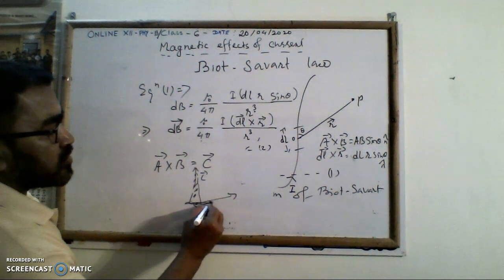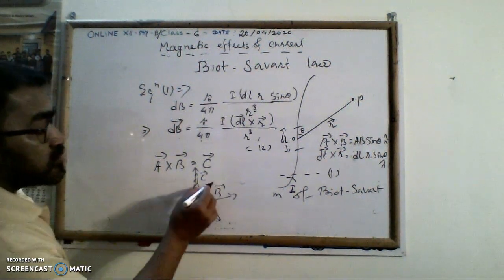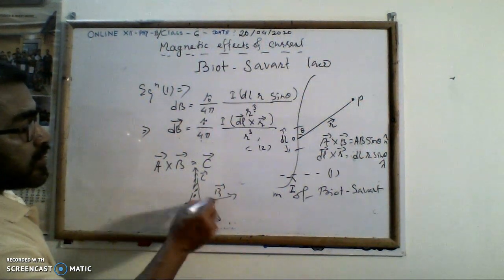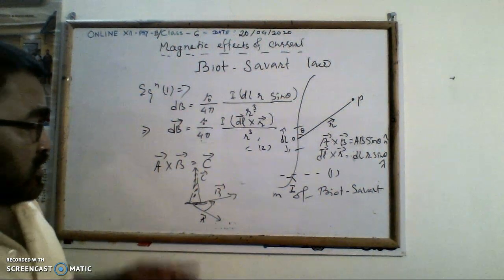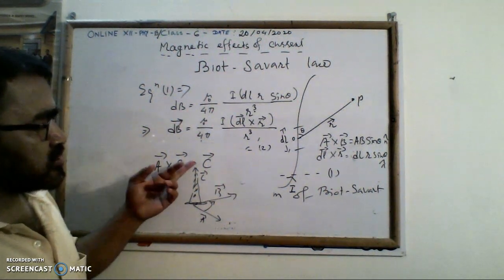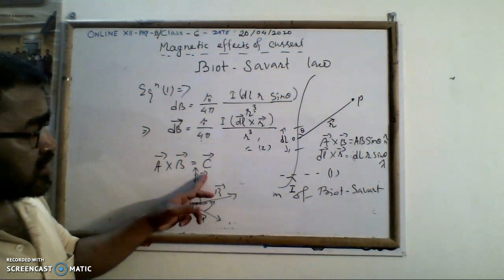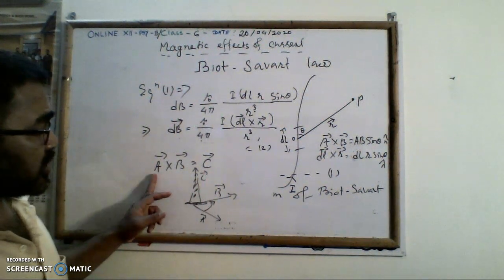A cross B is in a plane and C is perpendicular to it, so C is perpendicular to both A and B.